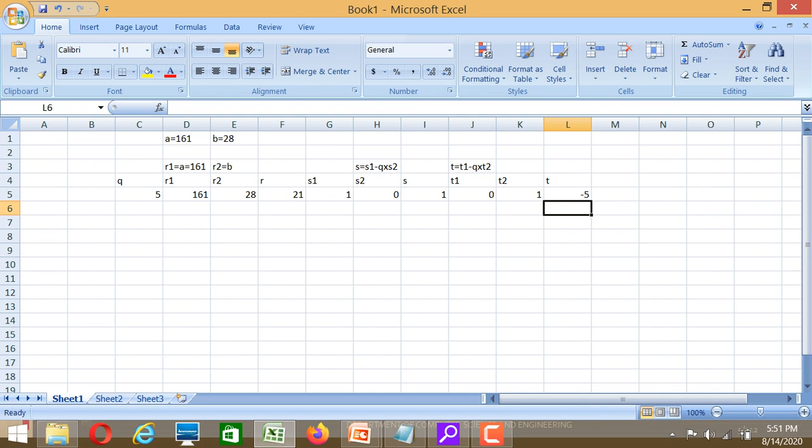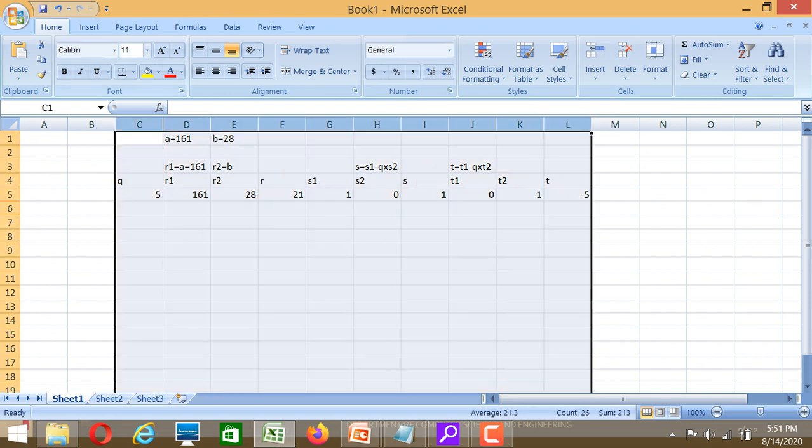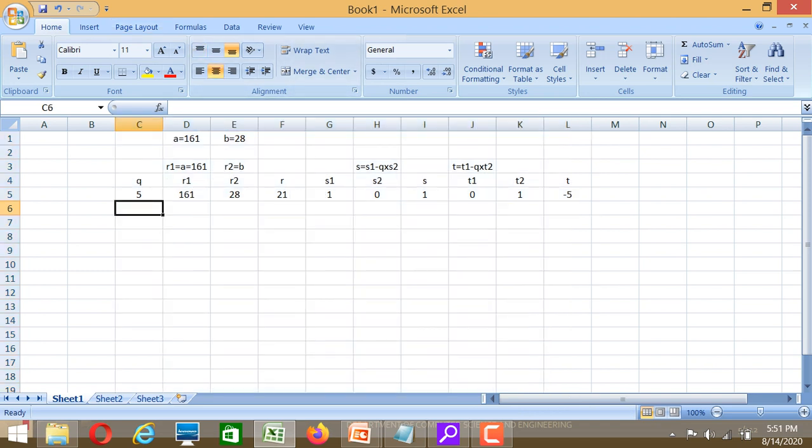Now here this R2 becomes the new R1, that means this is the 28. This R becomes the new R2, this is 21. Then 28, 21.